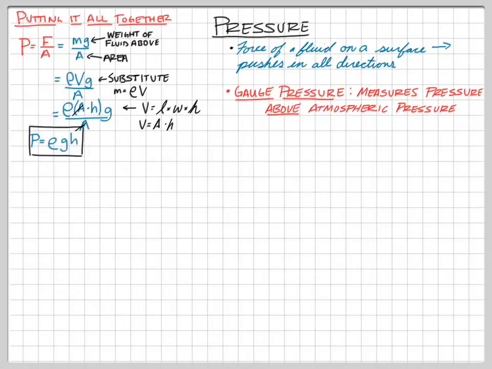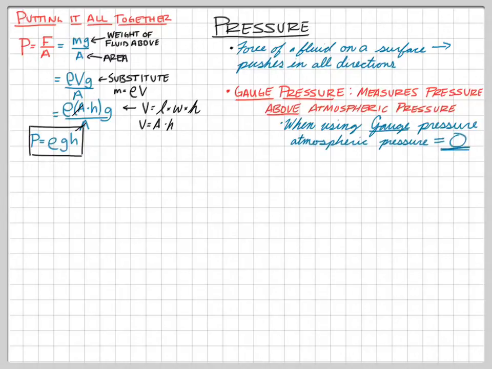So it's 33 pounds per square inch above atmospheric pressure. So when using gauge pressure, atmospheric pressure is equal to 0. That's an important thing.